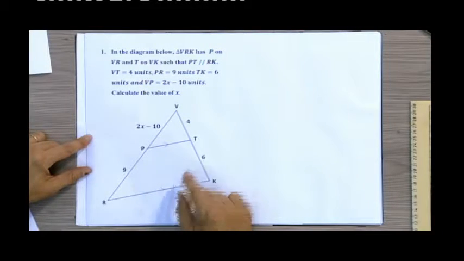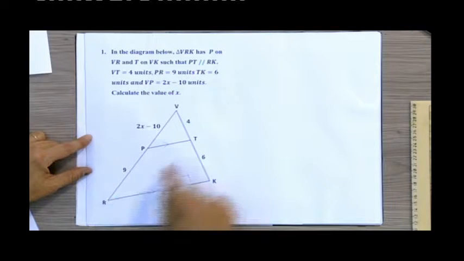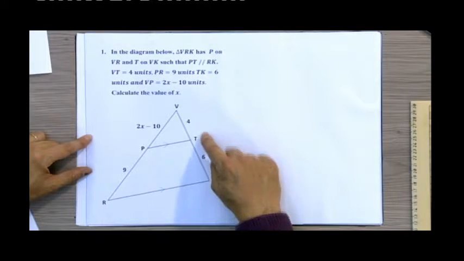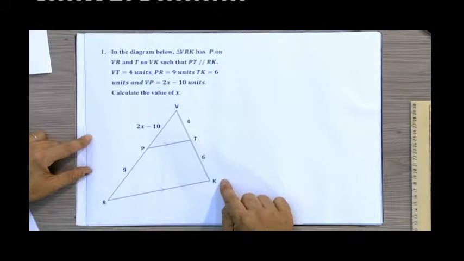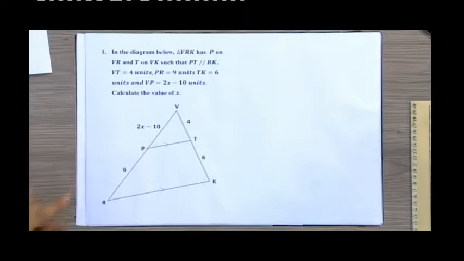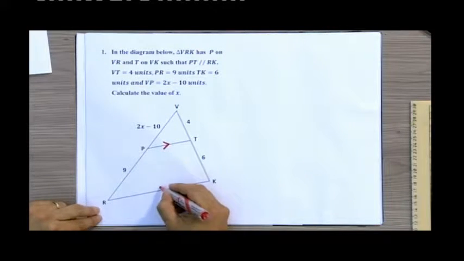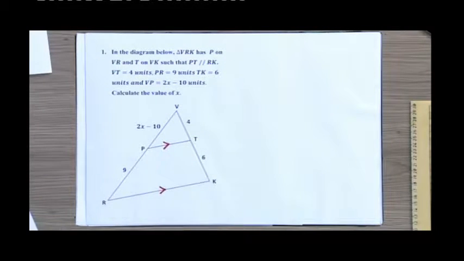P is on VR, and T is on VK, such that, and this is quite important, PT is parallel to RK.